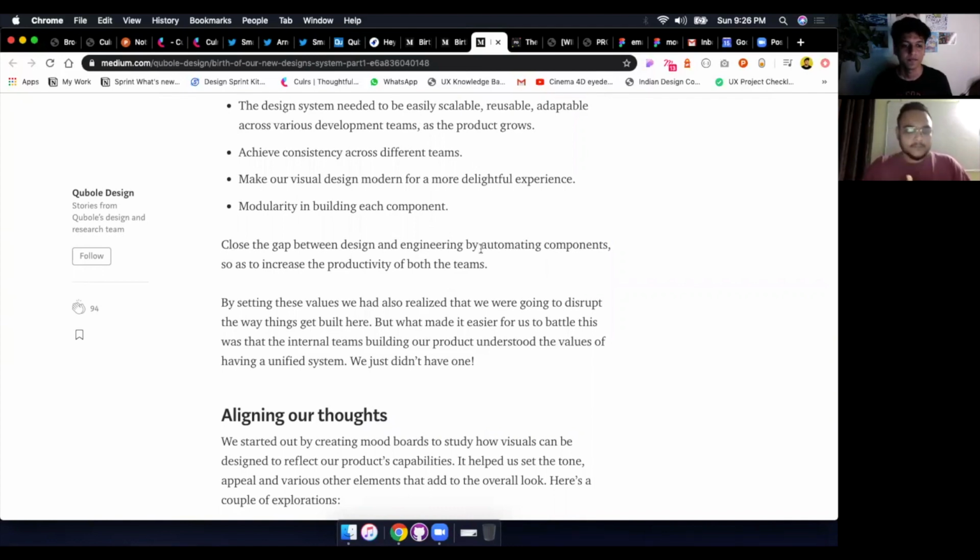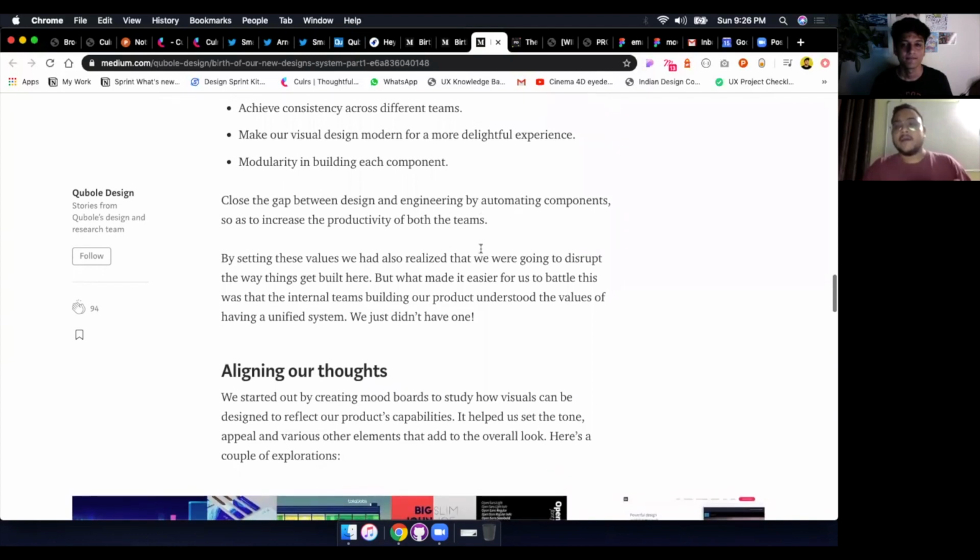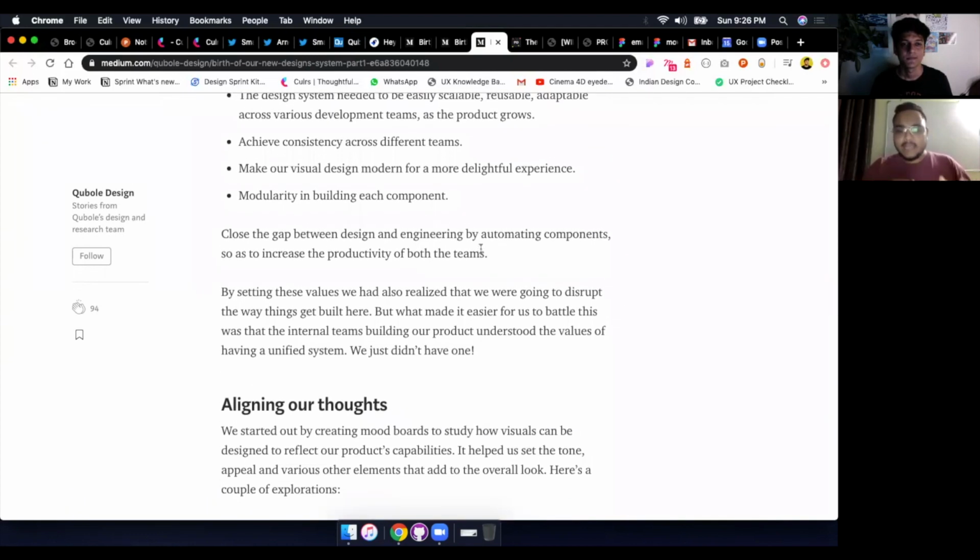The idea was to have a design system where designers could pull out the basics of the elements, the atomic level elements, and on top of it use these components to make a page layout.